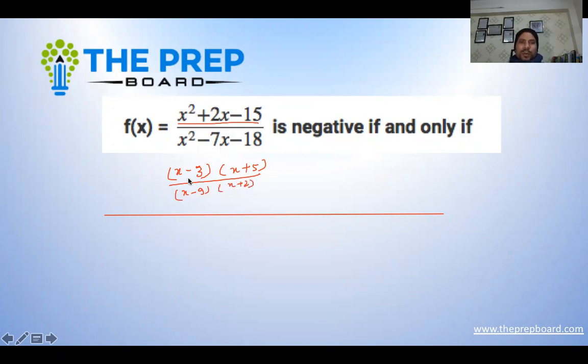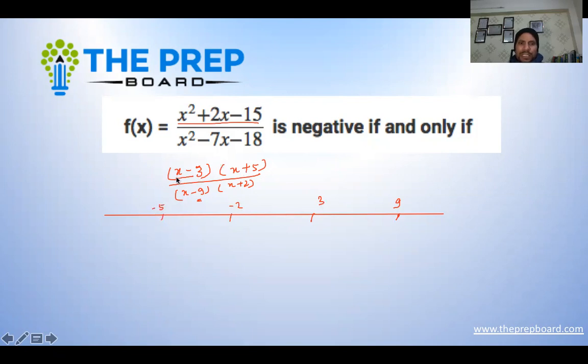Okay, so now we find out the roots by equating each to 0. When we equate x minus 3 equals 0, x becomes 3. So in this we will get 4 values of x, which are 9, 3, minus 2 and minus 5.